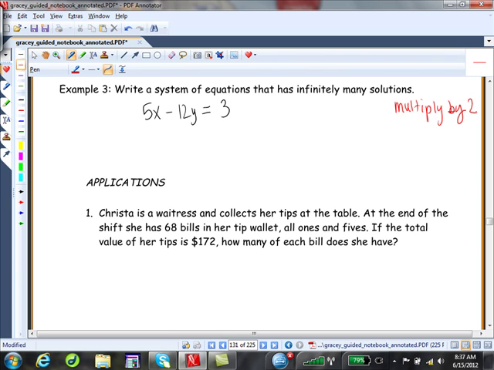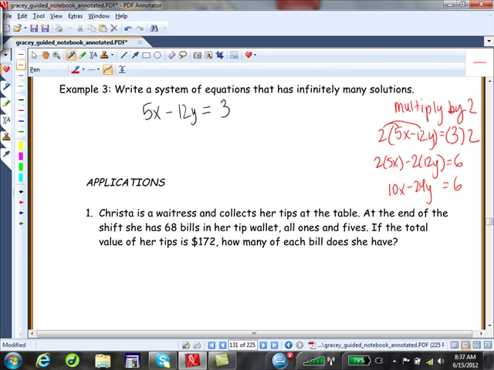So if I took 5x minus 12y equals 3, and I doubled it, I have to double both sides to balance everything out. And then distribute that left side through. So then I would get, 2 times 5x minus 2 times 12y equals 6. 10x minus 24y equals 6.